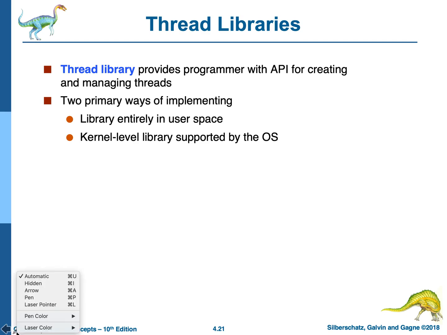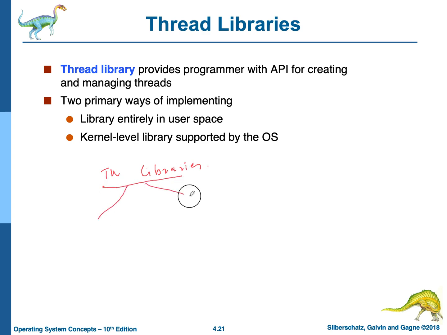Let's go here. With thread libraries, we have two types of libraries again, as we know: user level and kernel level libraries. In the user level libraries, the code and data both exist in user space.